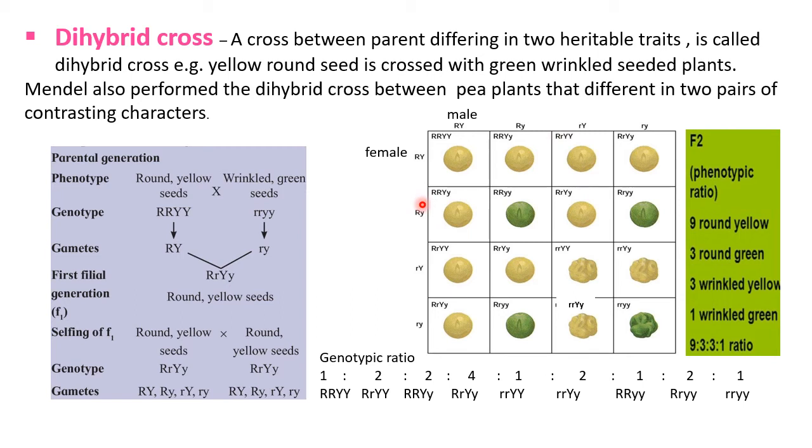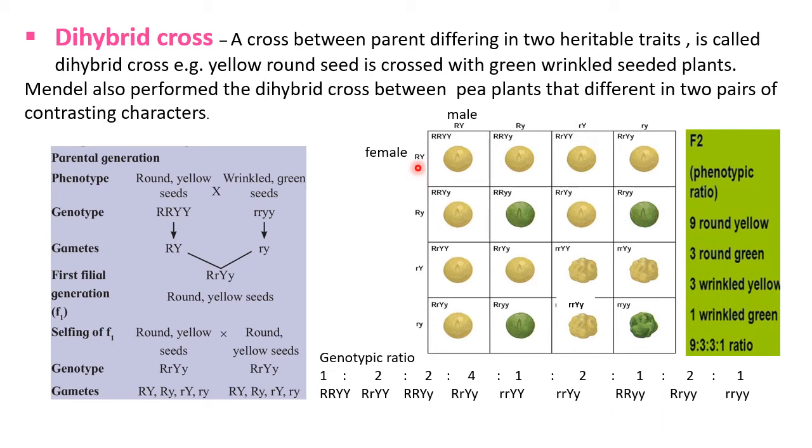For example, here we see that the female gamete capital R capital Y combines with the male gamete capital R capital Y to form an individual with genotype both capital R and both capital Y. In this way the female gamete unites with the male gamete.